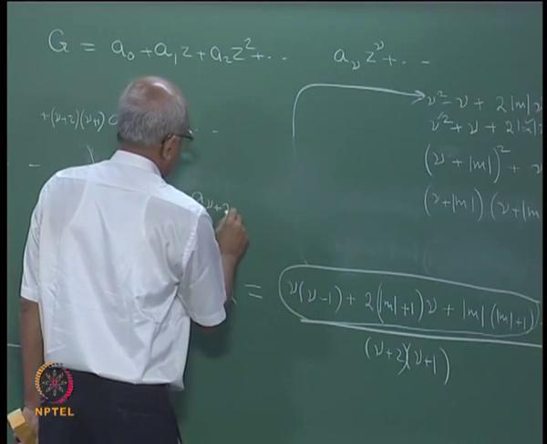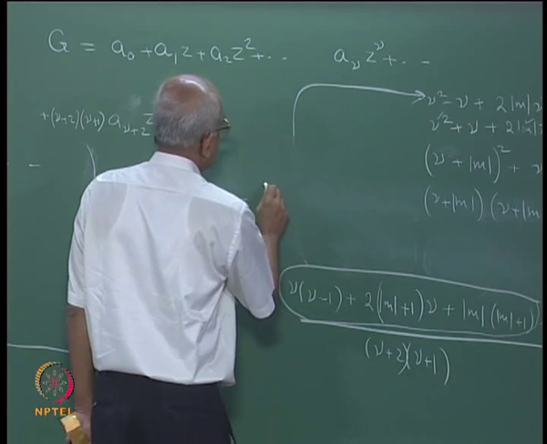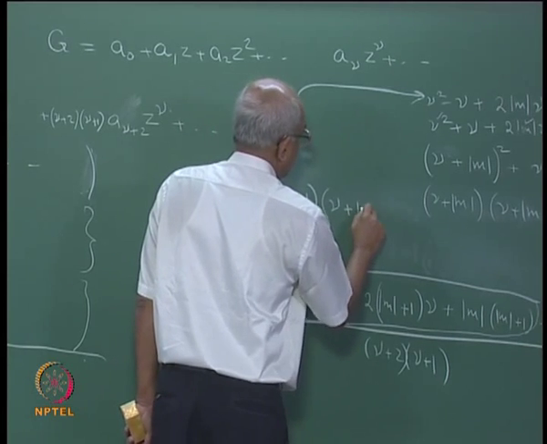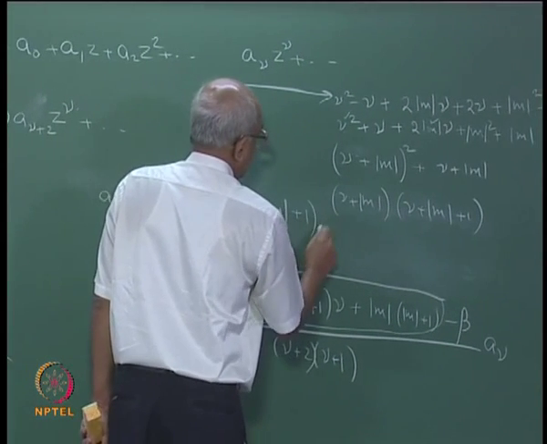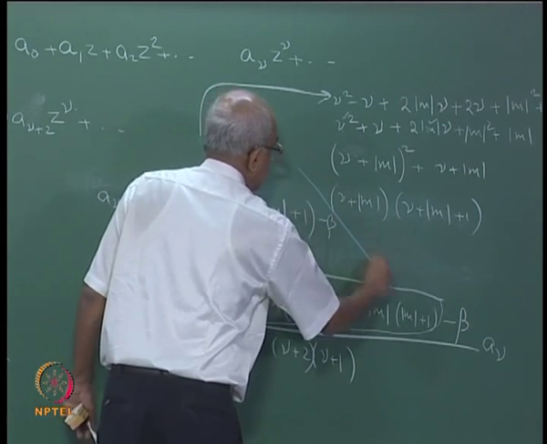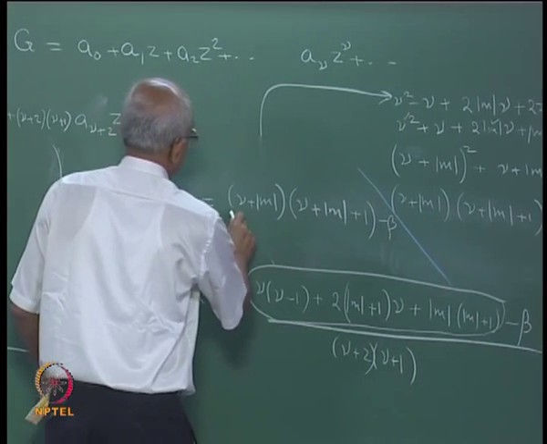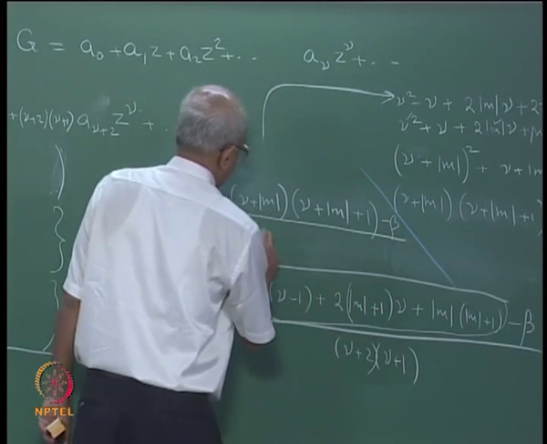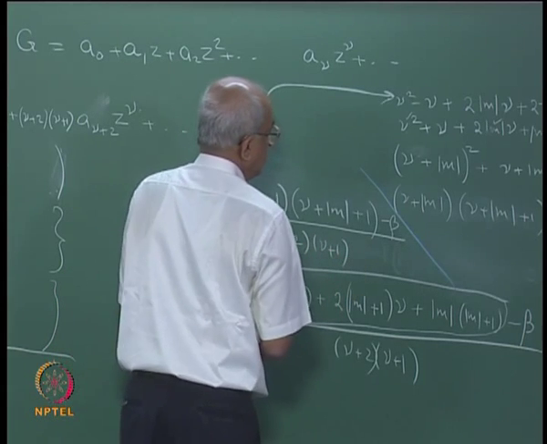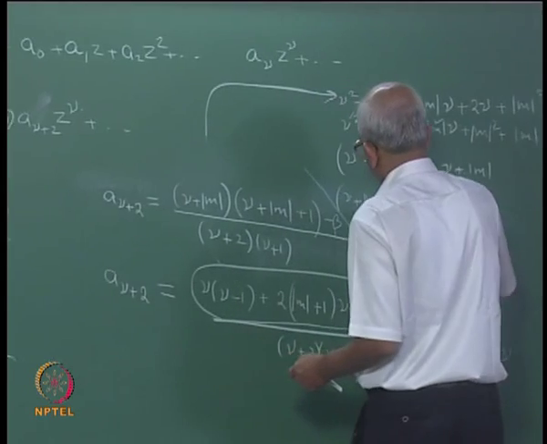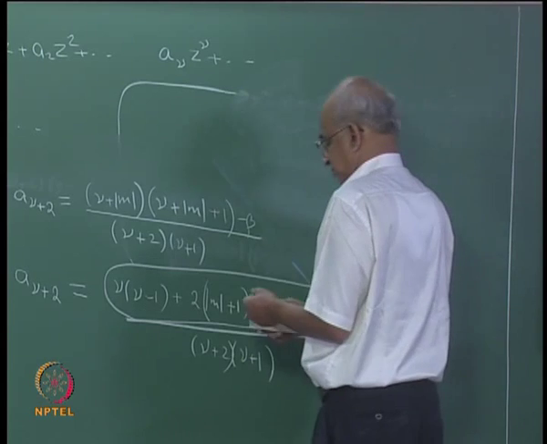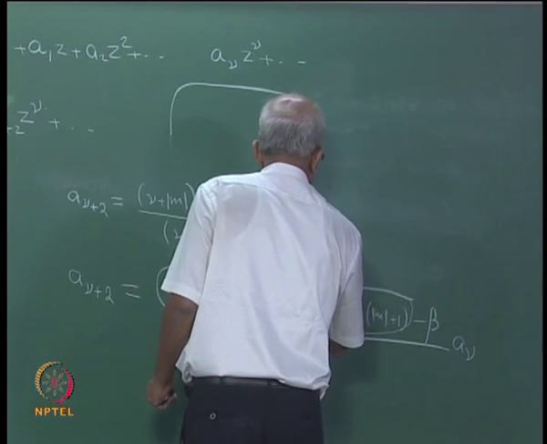It says that A nu plus 2 is equal to nu plus magnitude of m, maybe I should rub off this part because I do not need this anymore, multiplied by A nu.